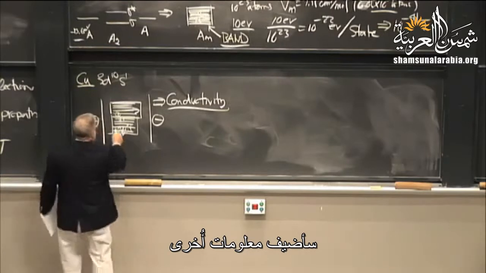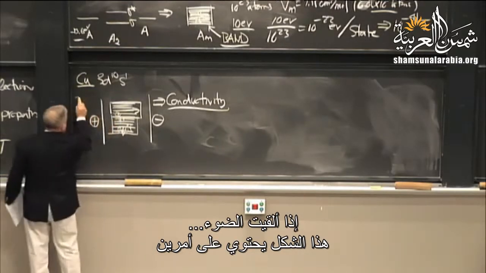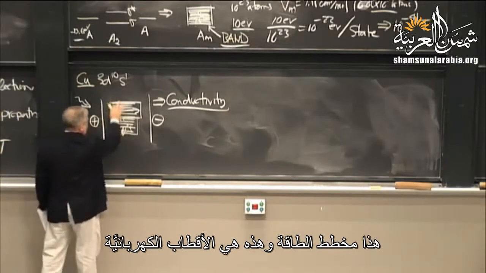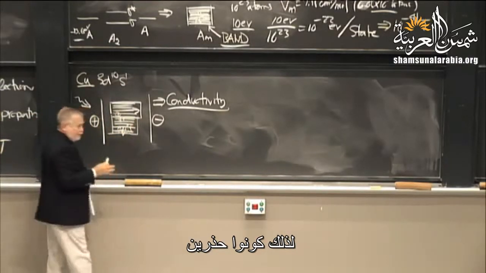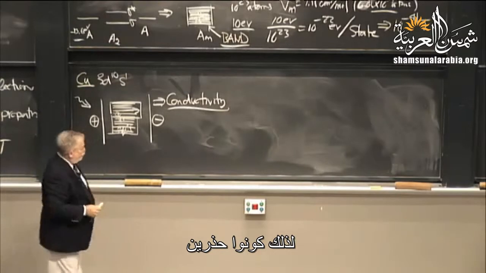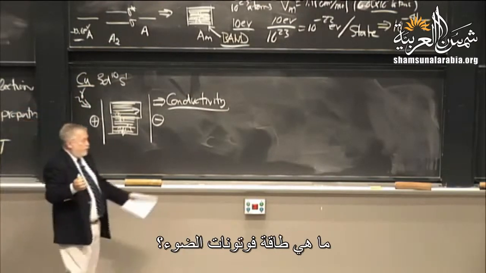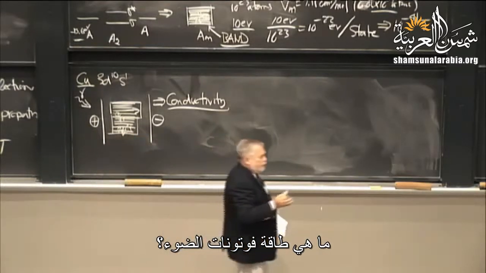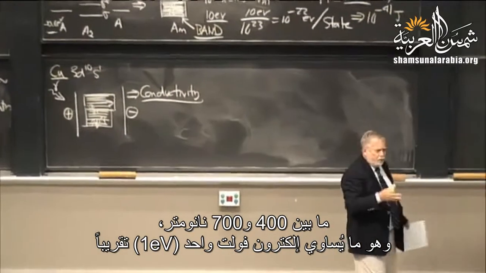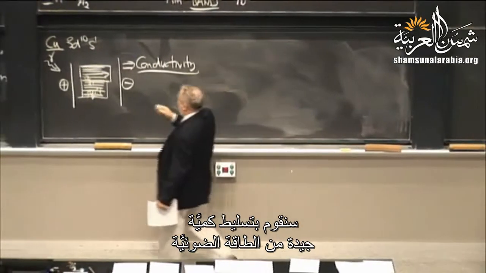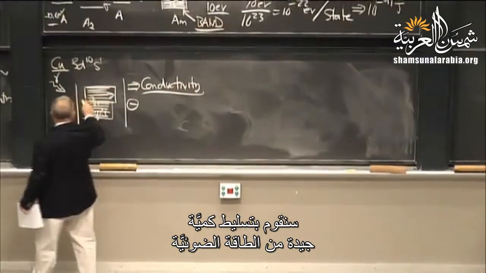Moreover, we can say a few more things. Now, this is a sort of mixed metaphor here. This is an energy diagram, and this is some plates on an electrode, so be a little bit careful. We shine photons on this thing. What's the energy of the photons of light, between 400 and 700 nanometers? It's about 1 electron volt, so there's plenty of energy here.